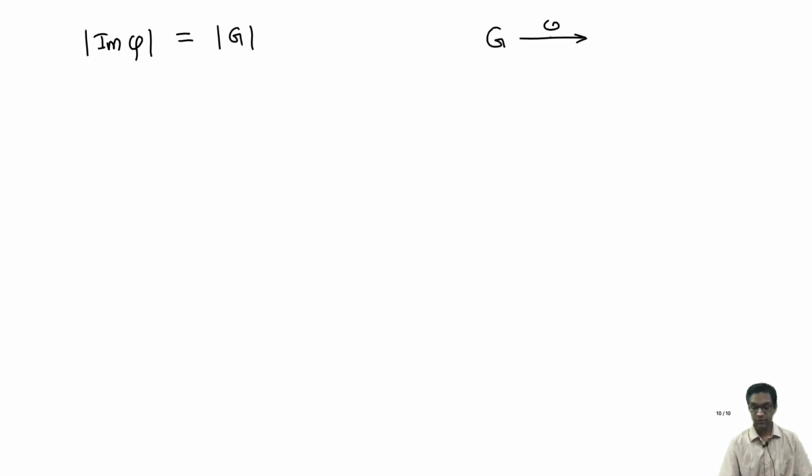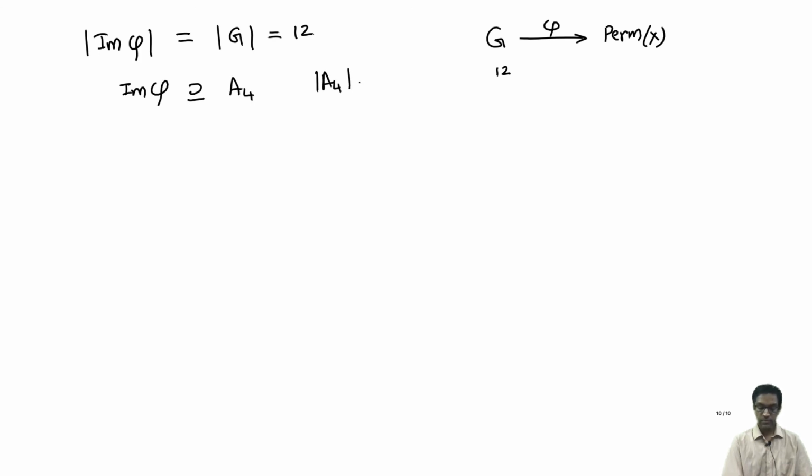Phi was an injective map from G to S4, the set of permutations of X, right? So if G has cardinality 12, then of course the image of G under phi also has cardinality 12. On the other hand, the image contains the group A4 whose cardinality is also 12, which means that these are actually equal to each other. So the image of phi is in fact equal to A4.